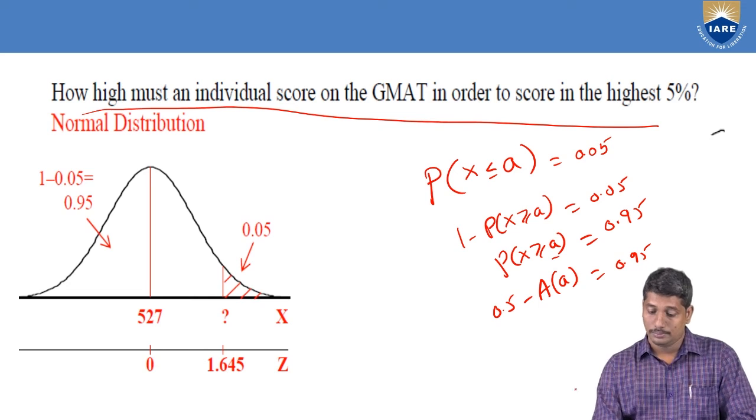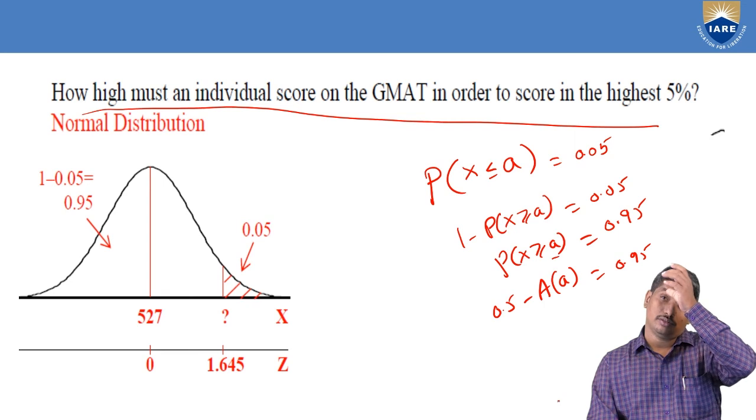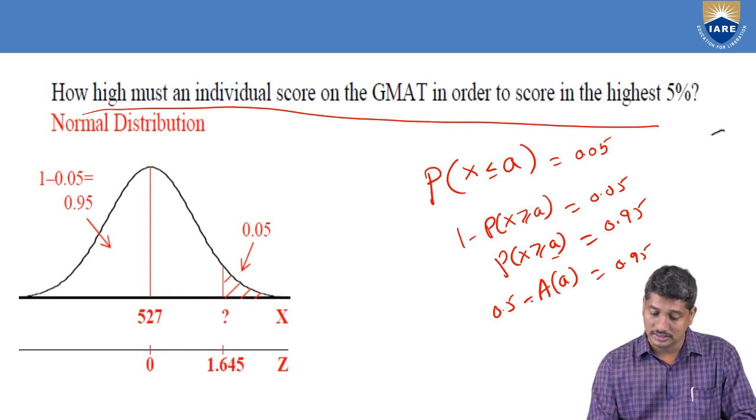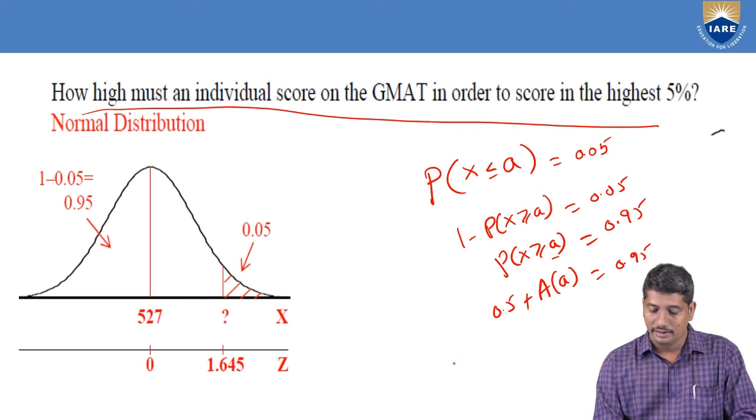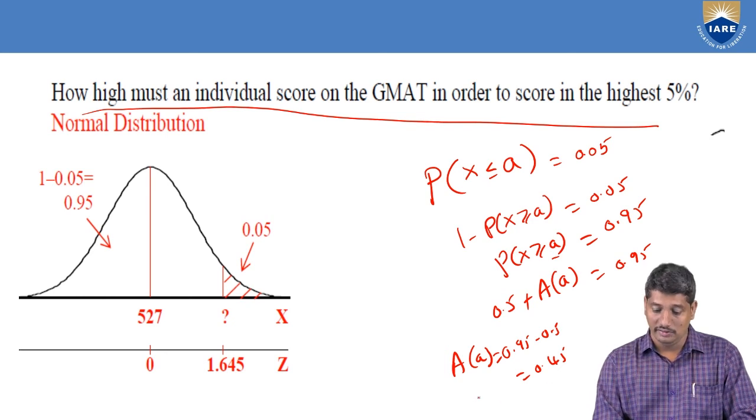Least marks we have to find. So area of a is 0.5 minus 0.05, that is 0.45. If you check for this in the table, the equivalent number will be a of 1.645.